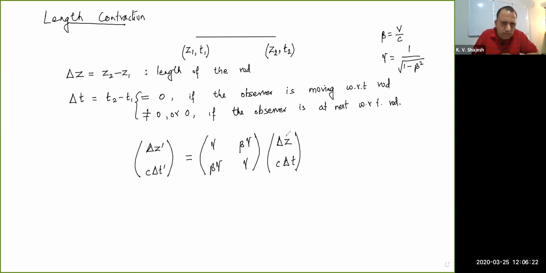Now we have to specify which observer is moving and which one is stationary. Delta z, we say, is the length measured by the moving observer.